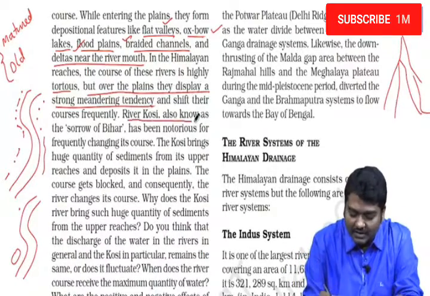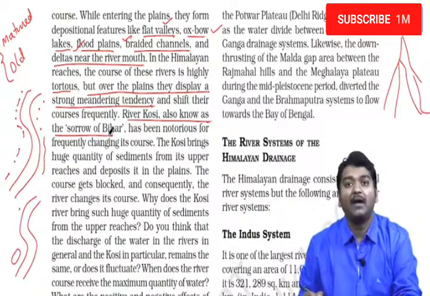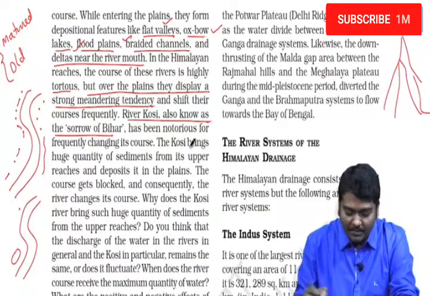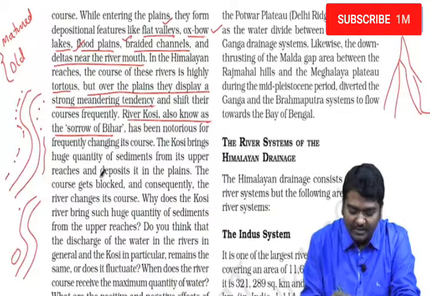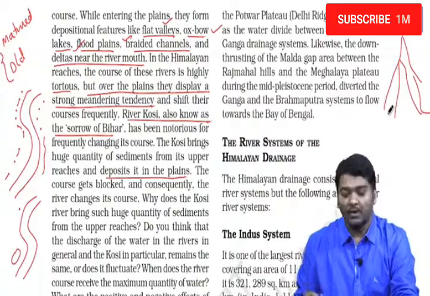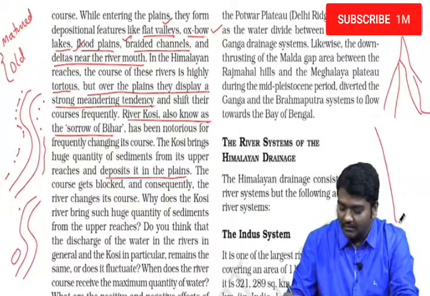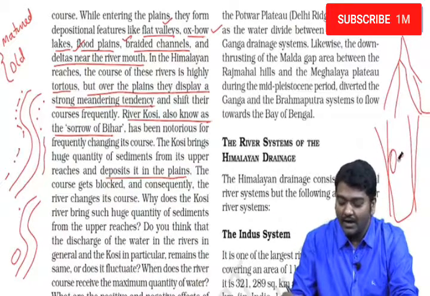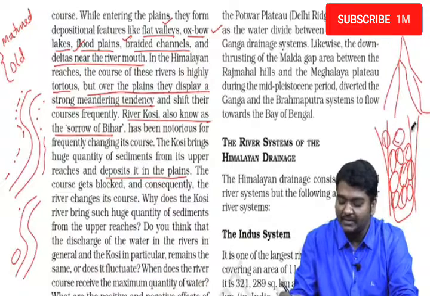River Kosi is known as the Sorrow of Bihar. The reason for this is that it creates floods. The Kosi brings a huge quantity of sediments from its upper reaches and deposits them in the plains. Usually what happens, let me take, the river is flowing in this. When the river is flowing, it usually deposits more when it is carrying sediments.